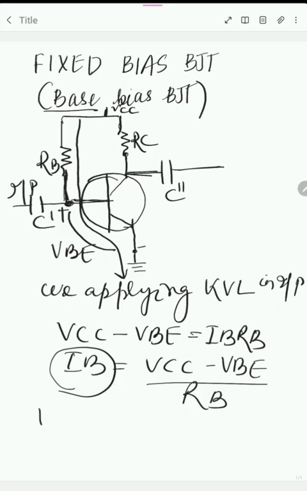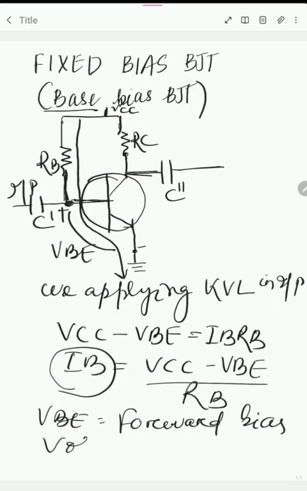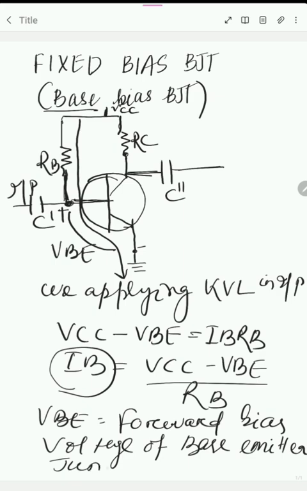VBE is the forward bias voltage of the base emitter junction.